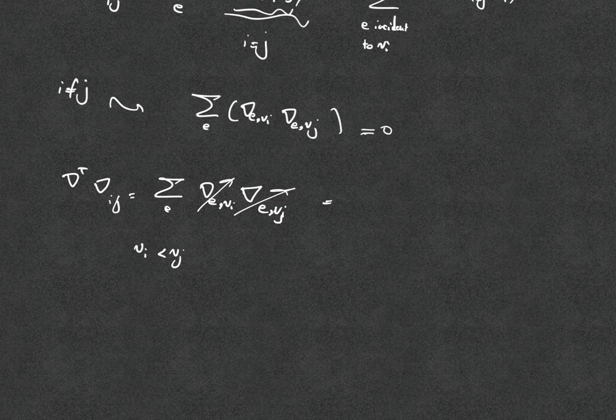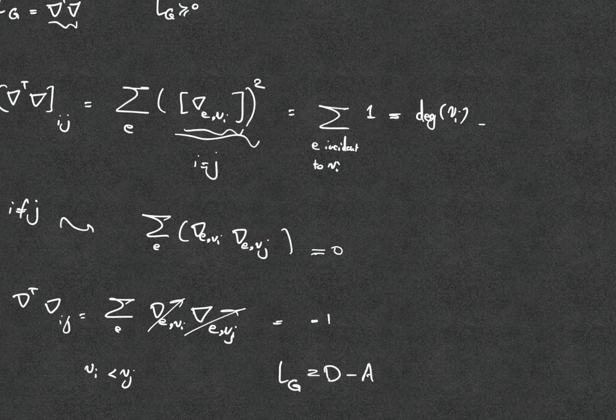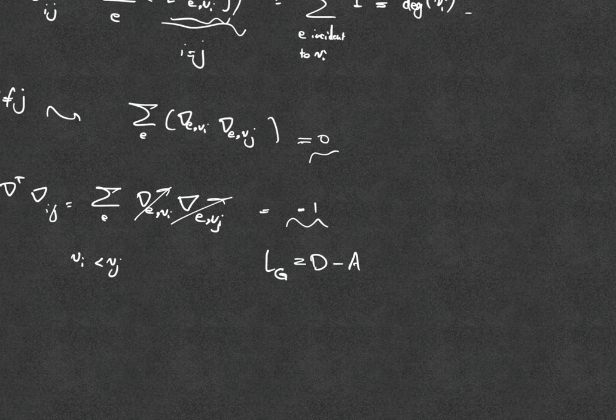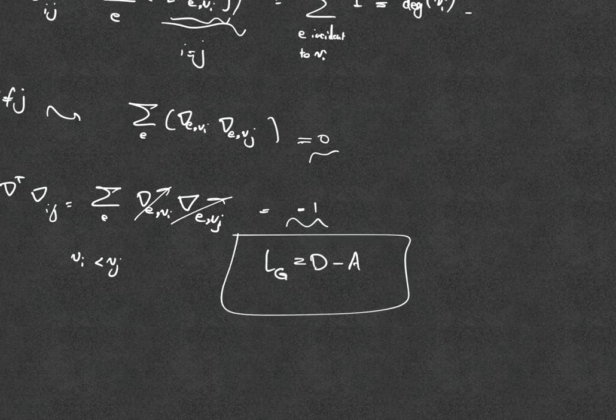These two cannot be positive at the same time, so this is going to be negative, which is kind of equivalent to that d minus a definition that we had for LG. We had the degree here, we had this -1 and 0 is there, so we have this thing as a proof.